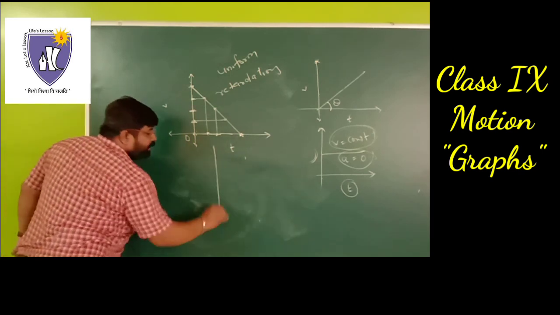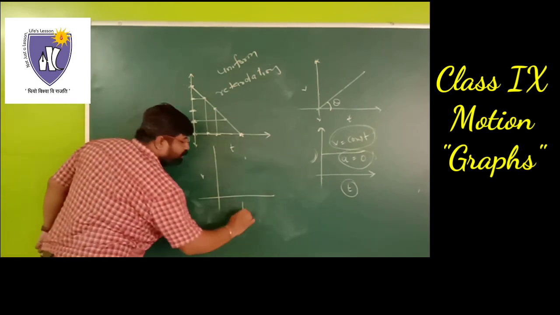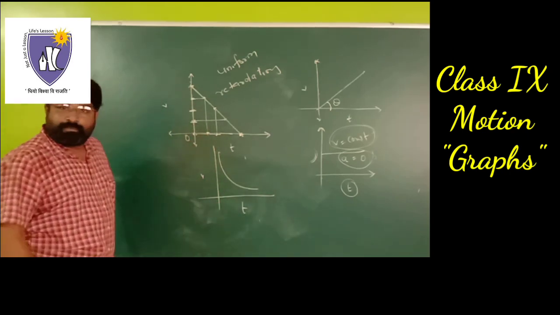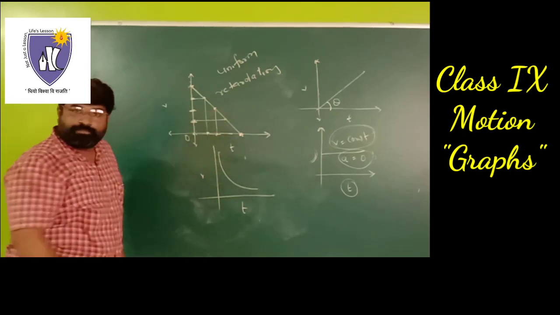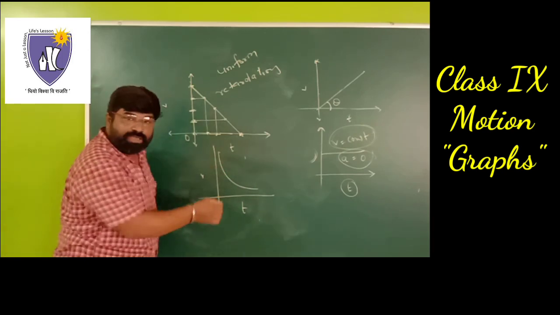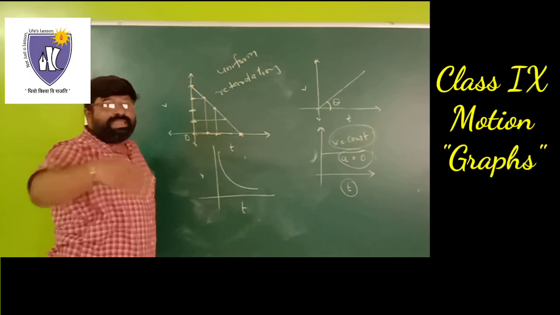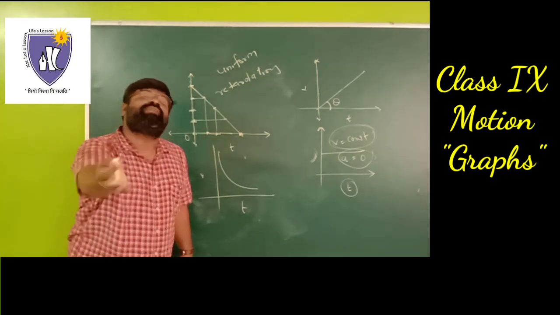If in the same VT graph it is a curve, but that curve is coming down, it shows retardation but non-uniform retardation. This is also called deceleration or negative acceleration.